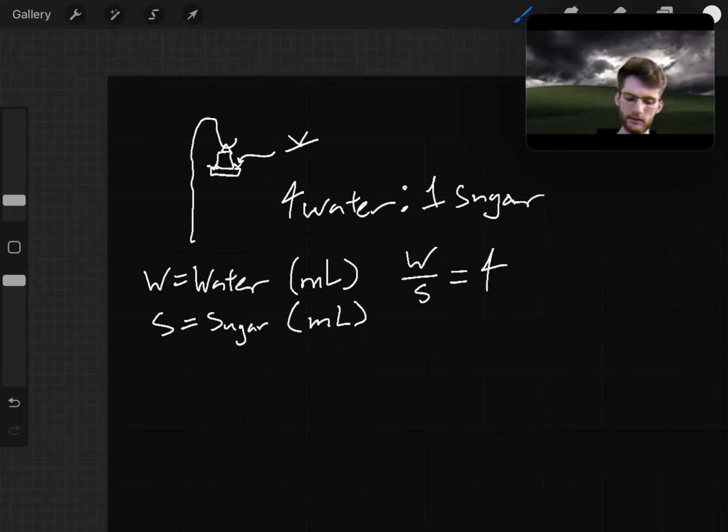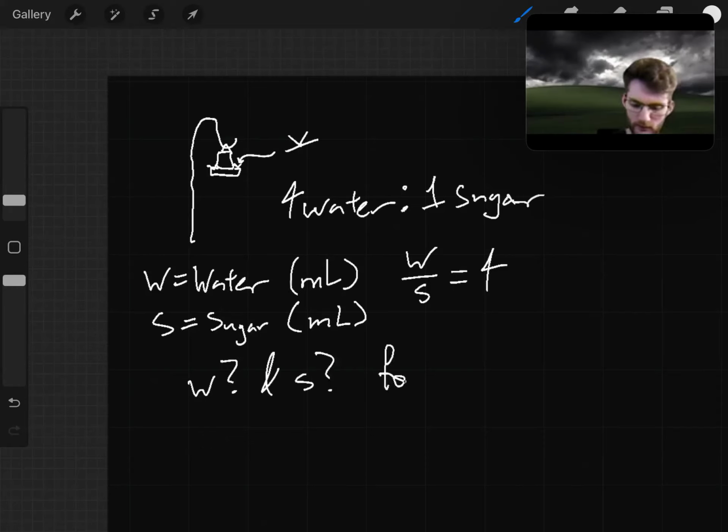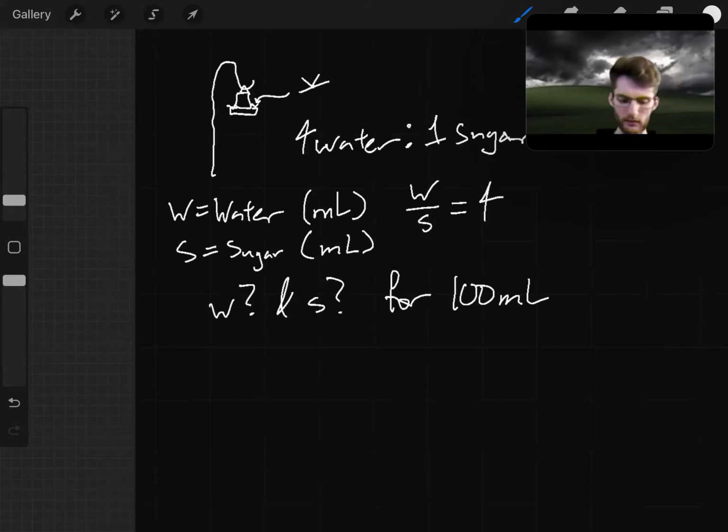Now let's say, what is the amount of water and sugar I need for 100 milliliters of nectar? So let's write a system of linear equations.